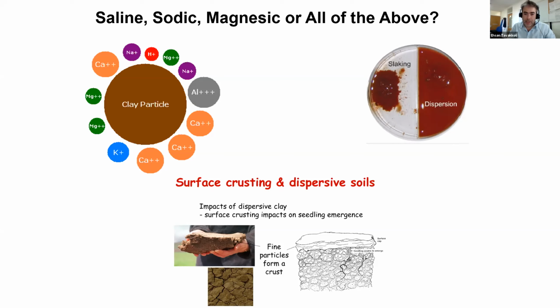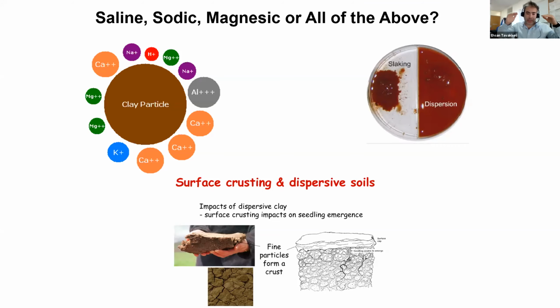What's the problem? These are tiny, tiny colloidal particles. At the landscape scale, if you have many hectares of this sodic soil, as the soil dries out after the dispersion happens, those fine particles can sit like a cement. That's where you get surface crusting or blockage of the soil pores.